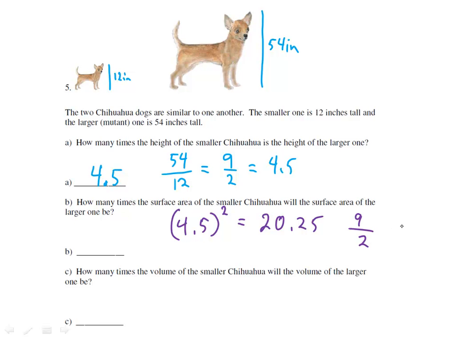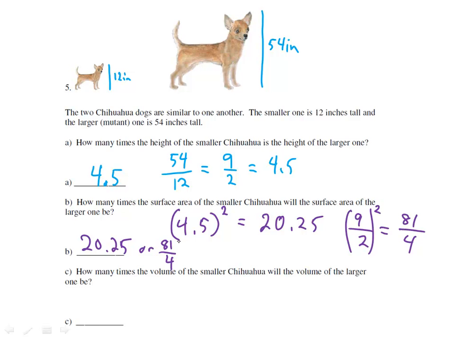It's all set up for you. You don't have to do any guesswork about whether to multiply or divide to solve it. So it's 20.25 or 81/4 for our ratio for the areas.